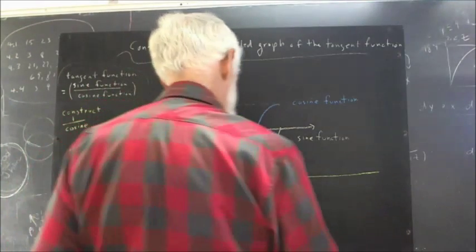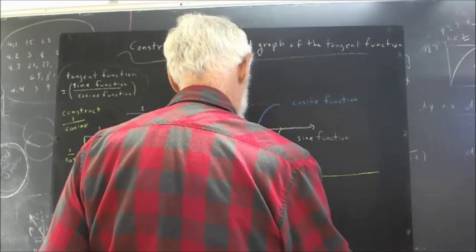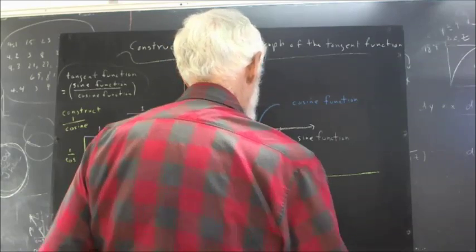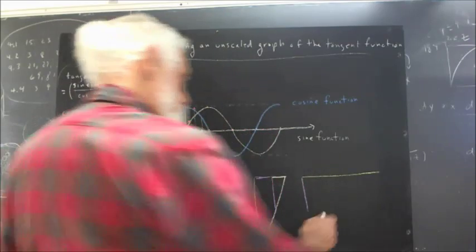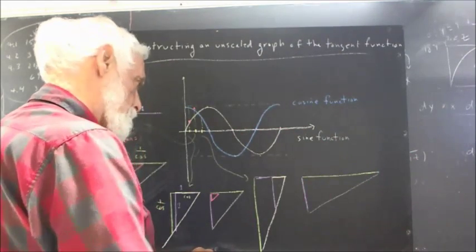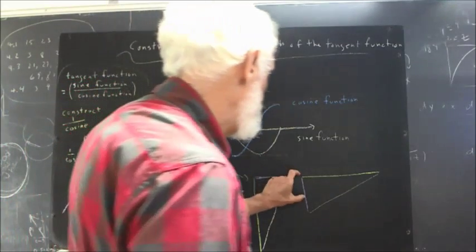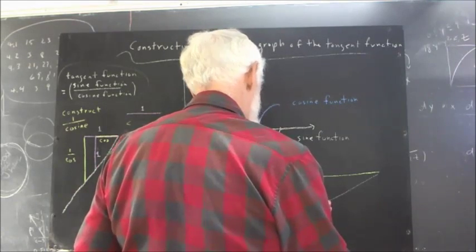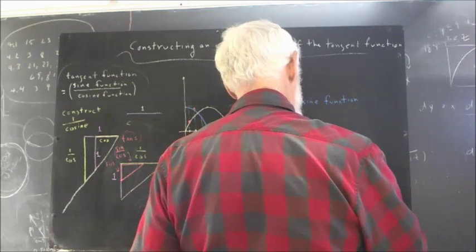And here's my segment of length 1. Complete this triangle. And construct my value of the sine, which is somewhat bigger. Okay, so here's the sine. And now I complete the triangle running parallel.